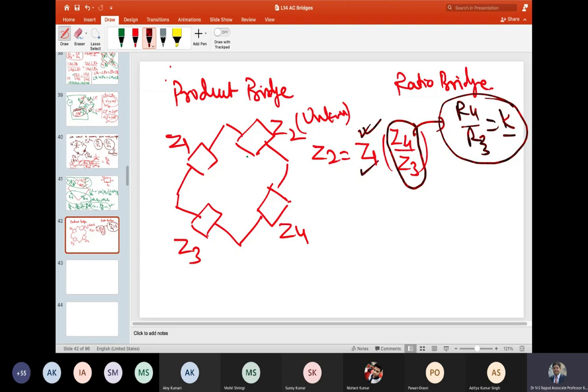Since Z1 is known and we are multiplying a constant, the calculation for Z2 will be straightforward, right? So this type of calculation, working with impedances in this fashion, is understood as a product bridge. Okay, so this is how we get a very good and straightforward solution.